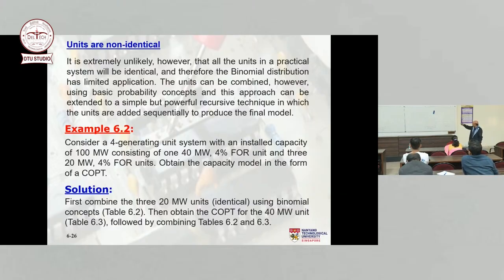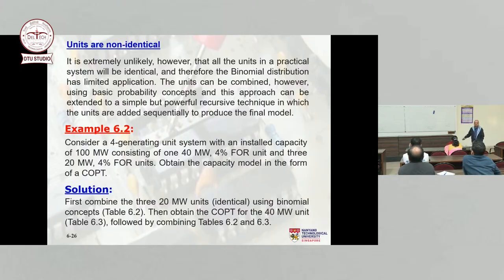We still have 3 generators which are identical, same capacity, same unavailability. So we can still use the binomial for these 3, correct? First combine the 3 units using binomial, and then find the table for the other unit.